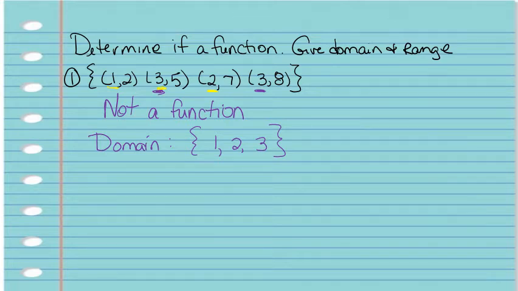And then the range is the set of all y values, and the y values, we have 2, 5, 7, and 8. So that is not a function, but its domain is the set 1, 2, 3, and its range is 2, 5, 7, and 8.